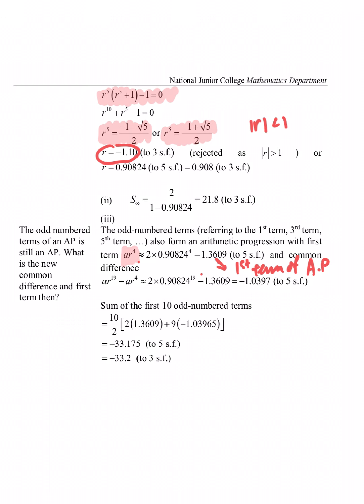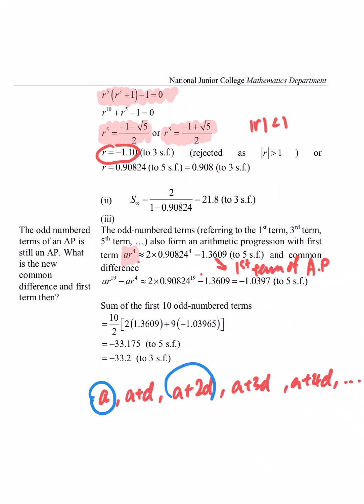So let's make an observation. Supposing that we have an AP where the first term is A. The next term is A plus D. The third term is A plus 2D, A plus 3D, A plus 4D, and so on. If we are only lifting up the odd-numbered terms, which is the first, the third, the 5th, and so on, what do you notice?